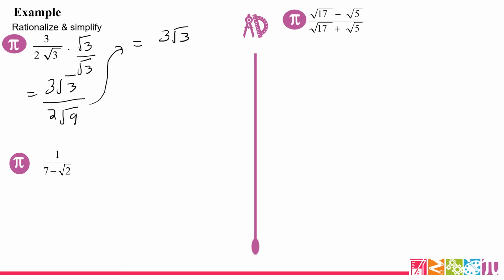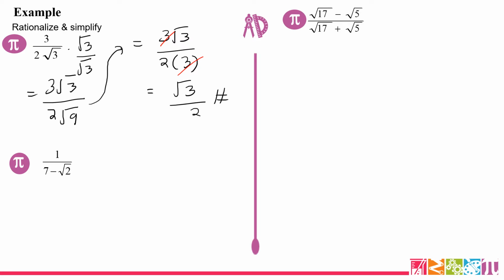Square root 9 is 3. So, we have number 3 at the numerator and denominator, so we can simplify. Final answer is root 3 over 2.